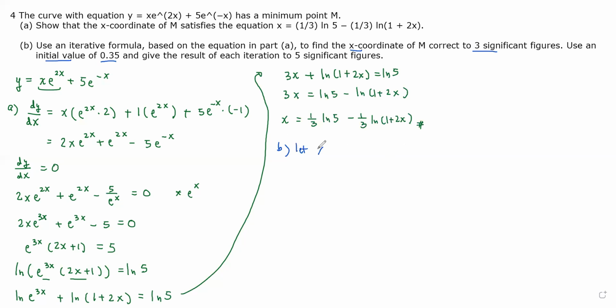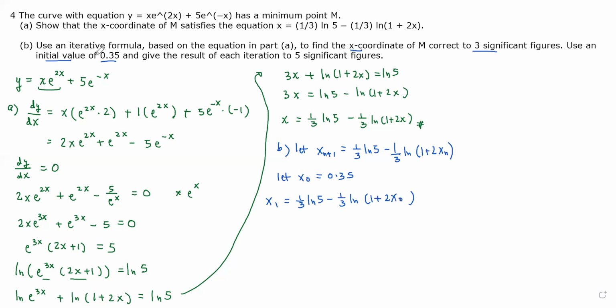We can let x sub n plus 1, we use this part here from part A, equals 1/3 ln 5 minus 1/3 ln(1 plus 2 x sub n). And we let x naught be 0.35. Then x sub 1 is 1/3 ln 5 minus 1/3 ln(1 plus 2 x naught).